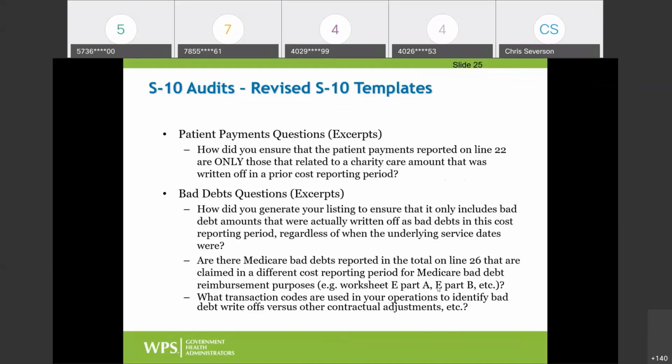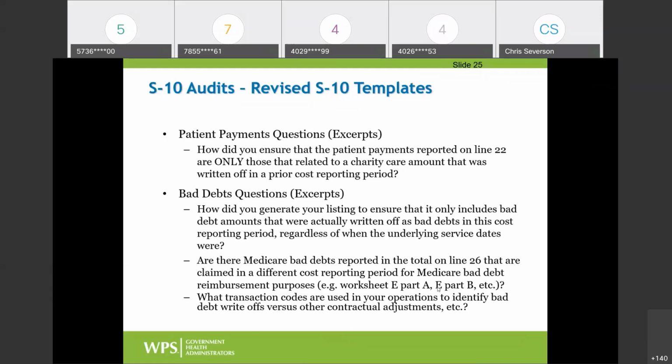It's already a bad debt on every financial statement you'd have, but you can't write it off for Medicare because it's not been returned from the collection agency yet, and maybe won't be until the next year. That is still allowable on line 26 of S10, and then maybe next year it'll be allowable on E Part A, for example, for Medicare.